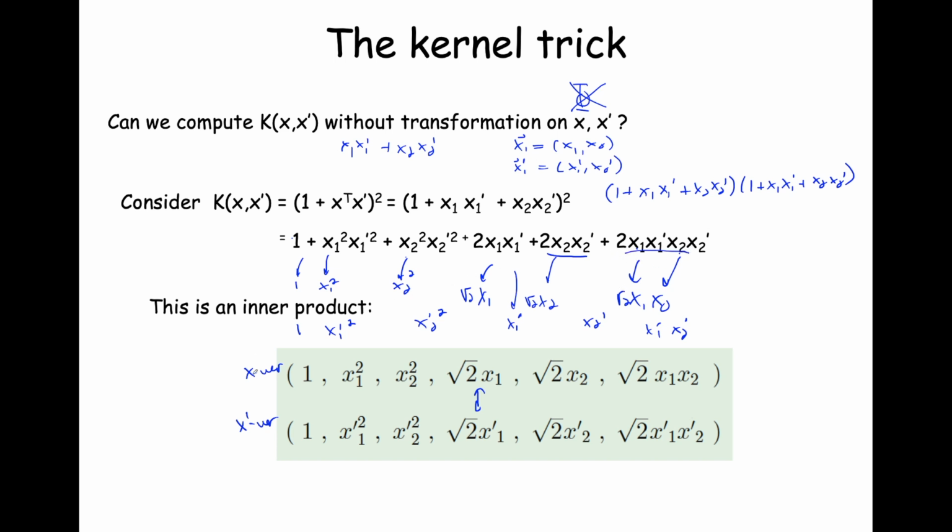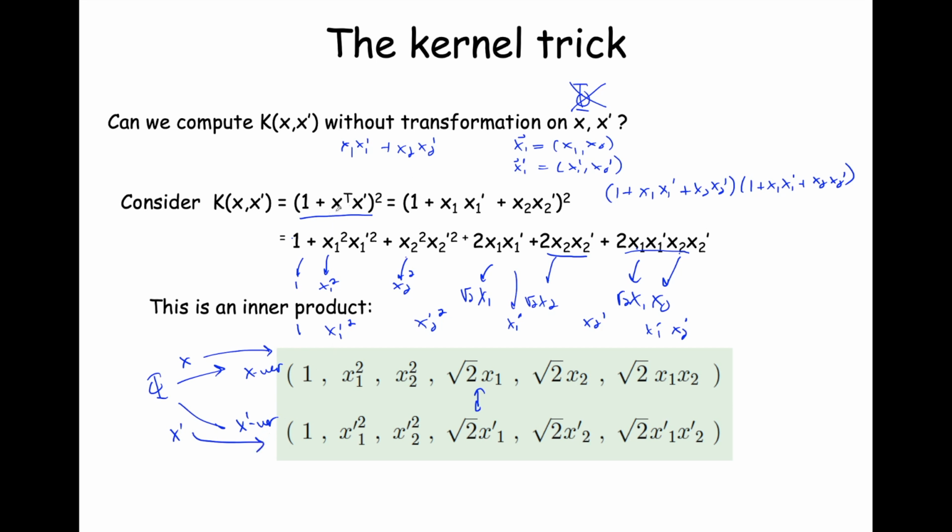So this particular function, k of x, x prime, for this form, gives the same result as if we mapped through this polynomial degree 2 mapping into z-space. And here's our mapping. Our phi function gives us this mapping. If you evaluate phi on x, you get that vector. If you evaluate phi on x prime, you get that vector.